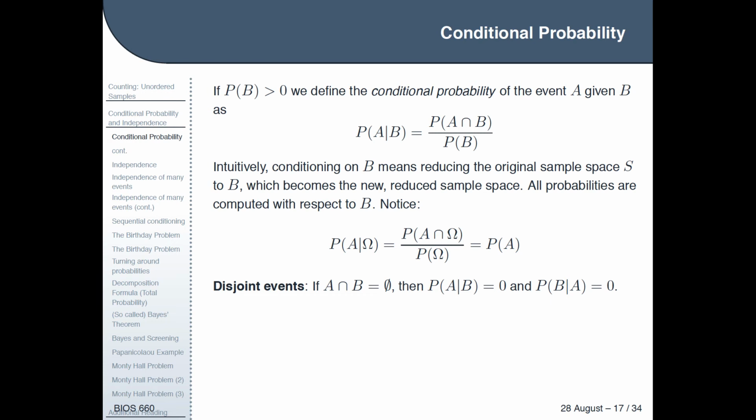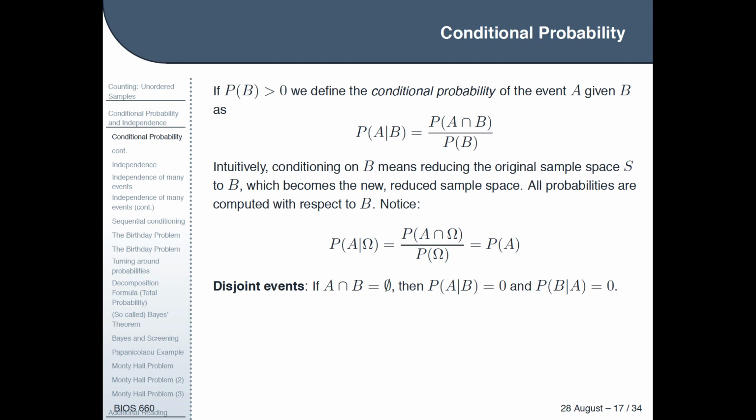But if not, then I'll explain the basics. If we assume that an event B has non-zero probability, then we can say the conditional probability of the event A given B is the probability of A and B divided by the probability of B.